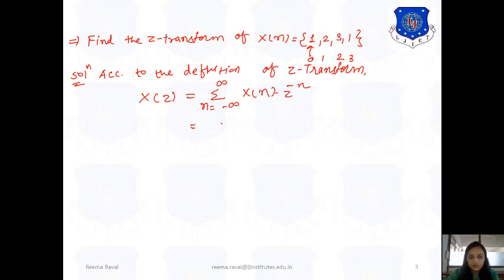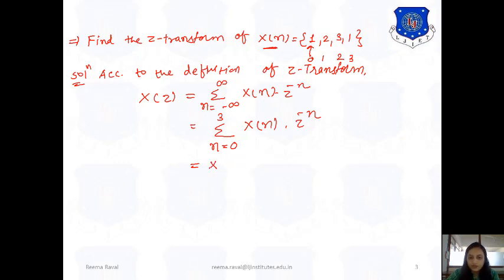So here the range will be modified as summation of n equals 0 to 3 x of n into z raised to minus n, right? So according to the data given to you, you need to modify the range from the standard definition of Z transform, and according to that you need to find the x of z from the given x of n, right? Now let us place the values of n from 0 to 3.